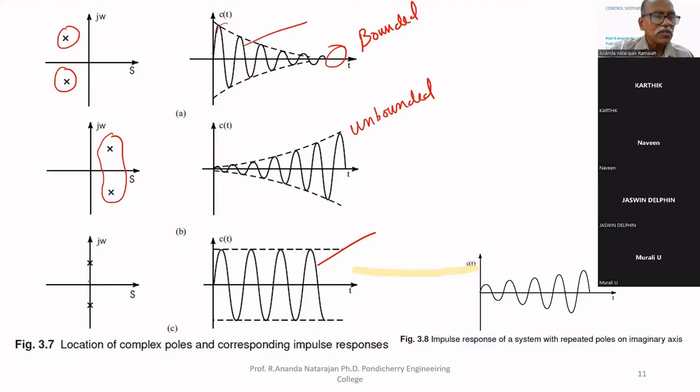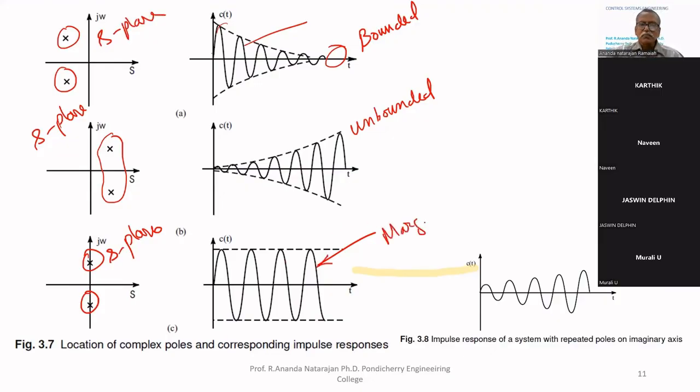Here it is always oscillating. The poles are exactly on the J omega axis. These are all S planes. Poles exactly on the J omega axis give sustained oscillation. This is called marginally stable.